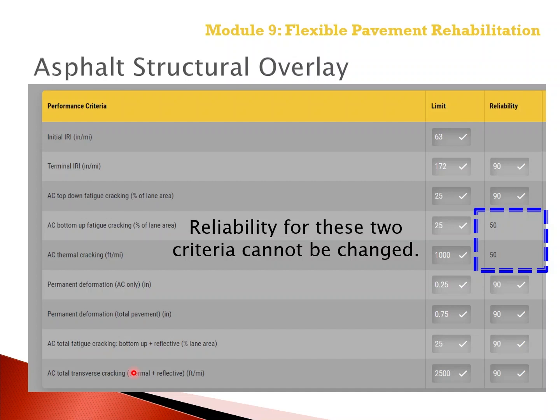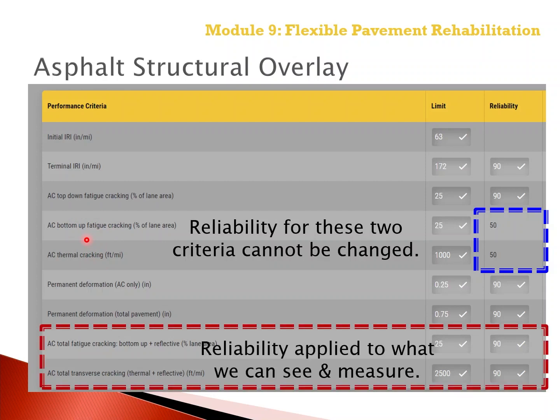So reliability for these two criteria cannot be changed because they only represent new fatigue cracks and new thermal cracks in the asphalt overlay. And the reliability is applied, as we just noted, to what we can see and measure at the surface: the reflective plus new cracks in the asphalt overlay, the total combined fatigue and total combined thermal or transverse cracks.